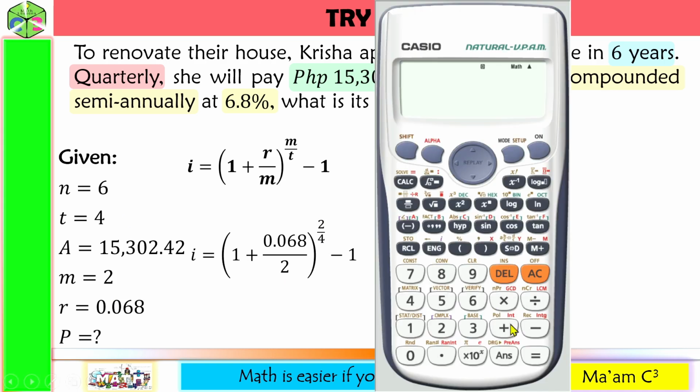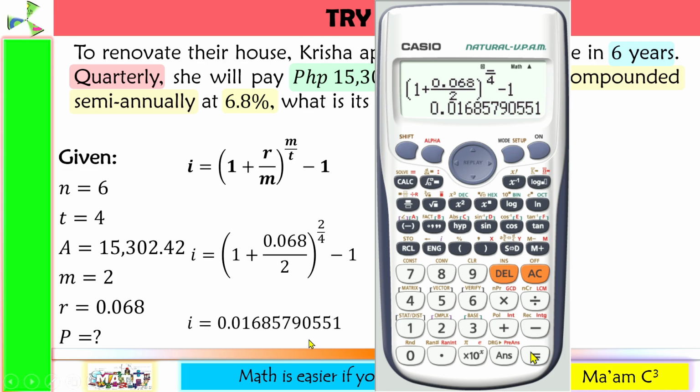Let us compute. We have open parenthesis, 1 plus fraction bar 0.068, cursor down, 2, cursor to the right, close parenthesis, exponent is in fraction form, 2 over 4, cursor to the right, once more, minus 1 equals 0.01685790551.